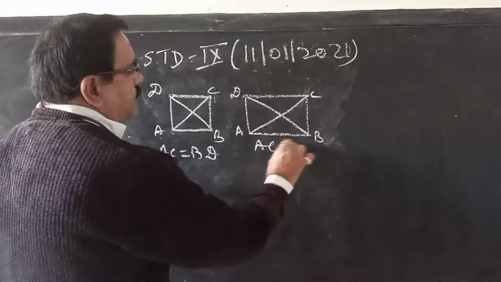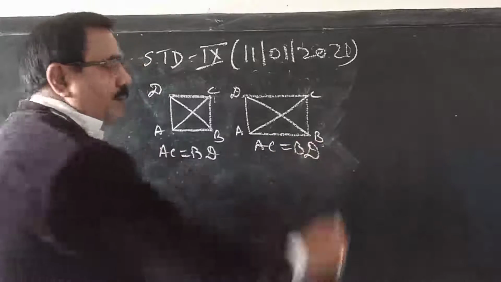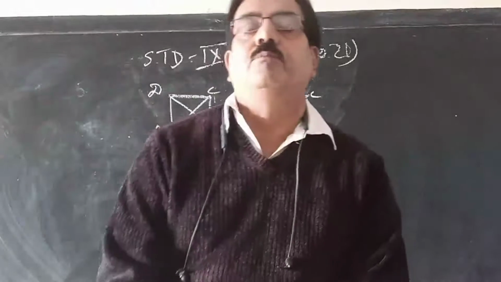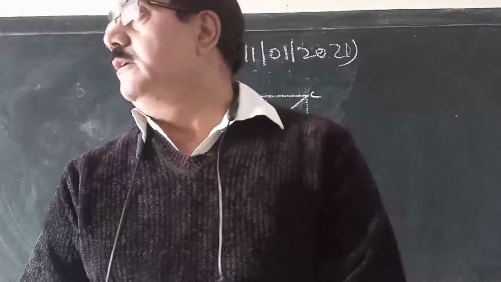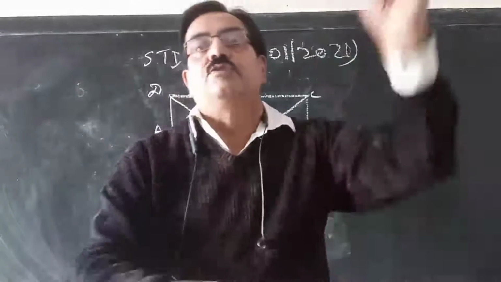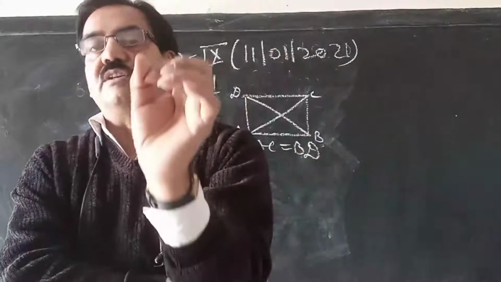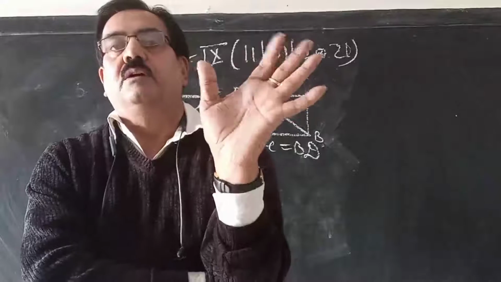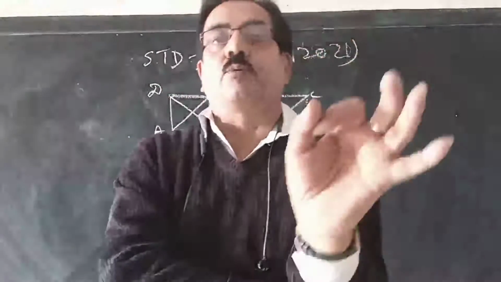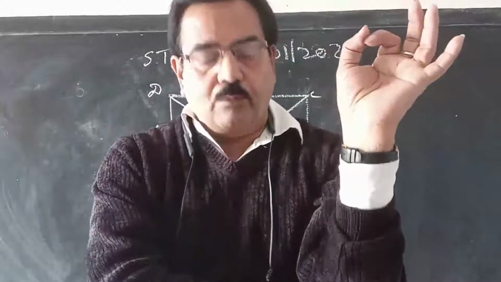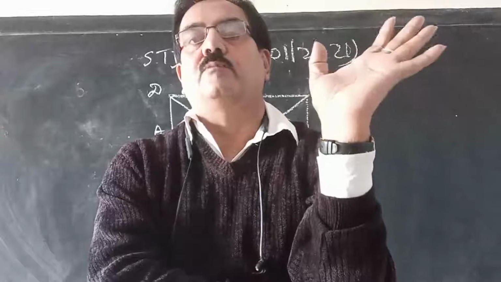Here also AC is equal to BD. Diagonals of a square and rectangle are equal. So diagonals are equal in two cases only, when it is a square or a rectangle. Diagonals are not equal in a rhombus and a parallelogram.